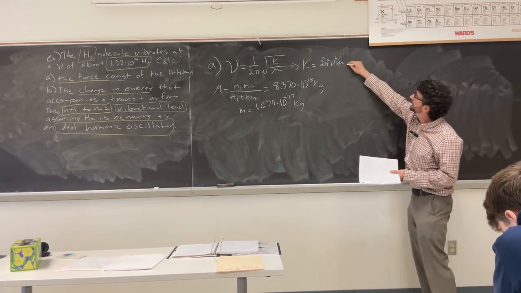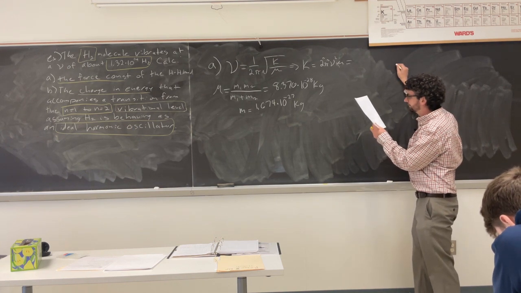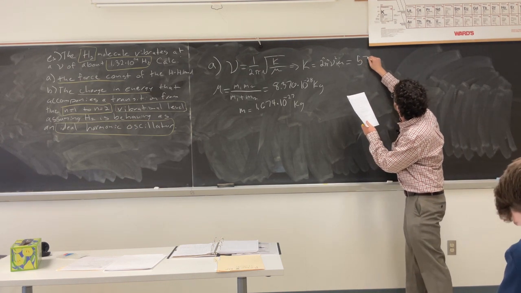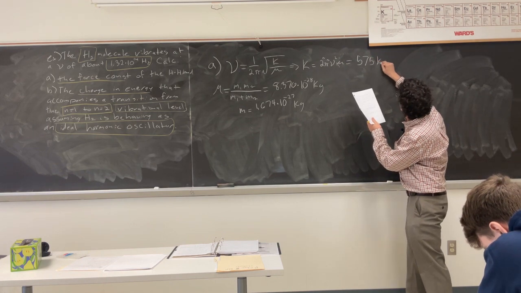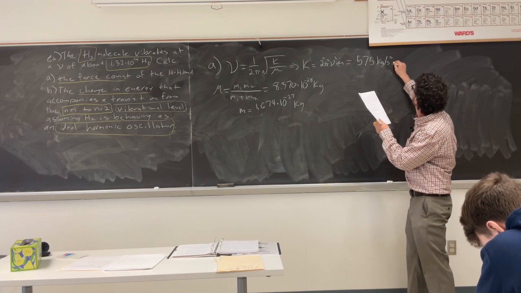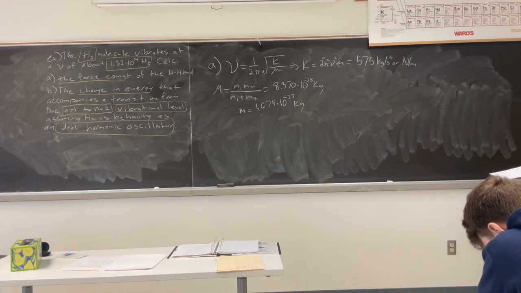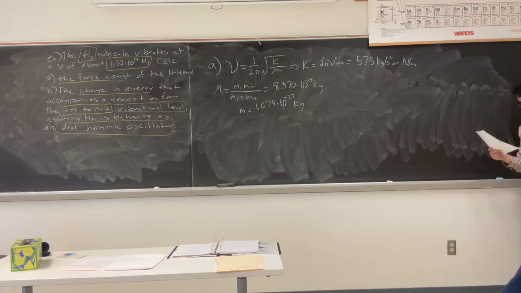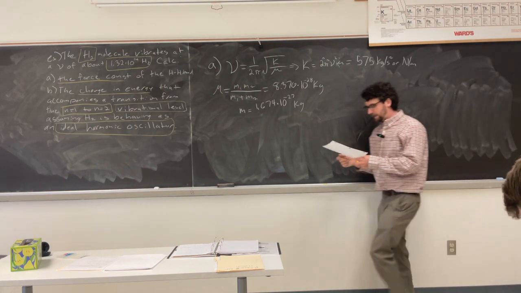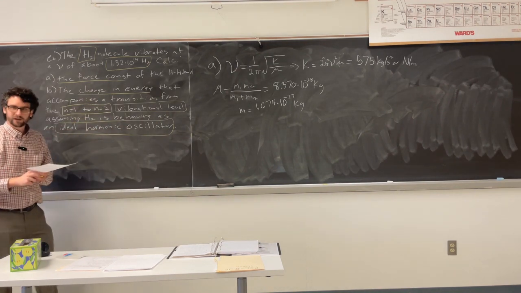When you plug everything else into here, the value of K that you should get is 575 kilograms per second squared, or that's a Newton meter, whatever way you like it expressed. Next time, we'll talk about that. Yeah, we have enough time to do the energy transition, I think.